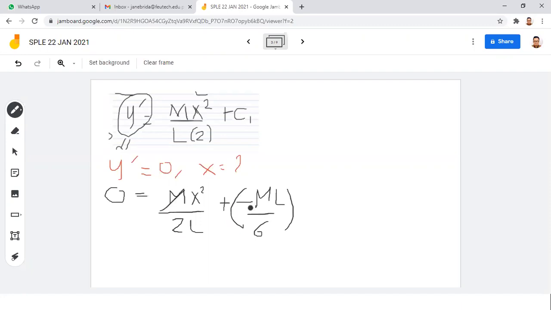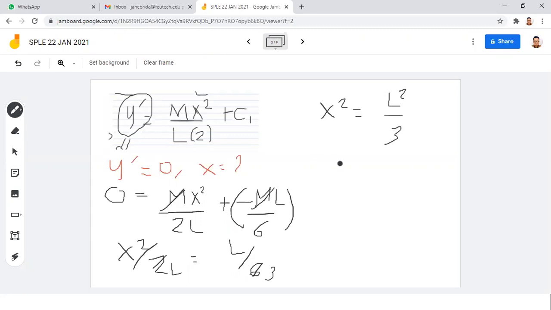Actually, we can cancel the m already. So you have x squared over 2L is equal to L over 6. This will become 3, and then with cross multiplication, you can have x squared is equal to L squared over 3.